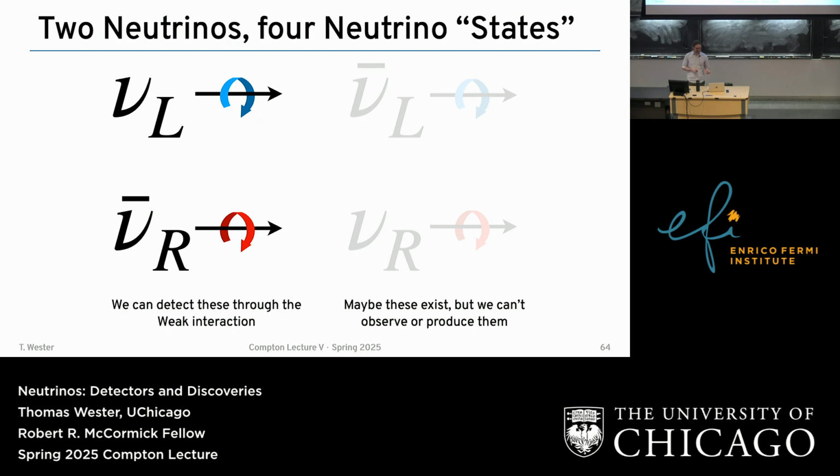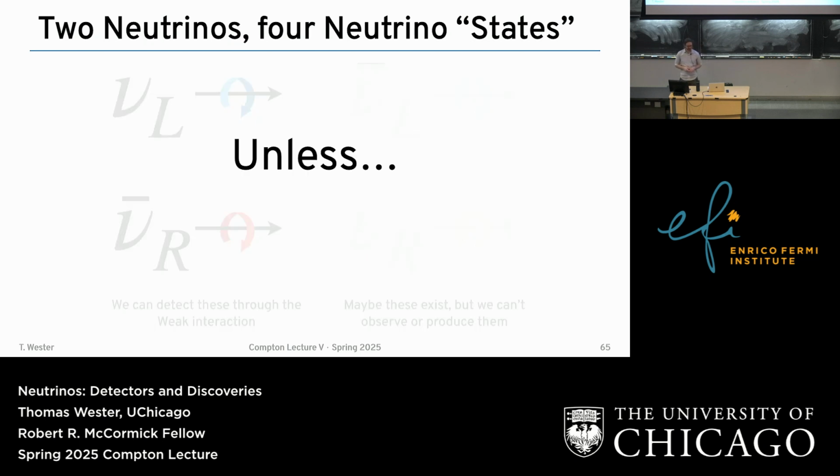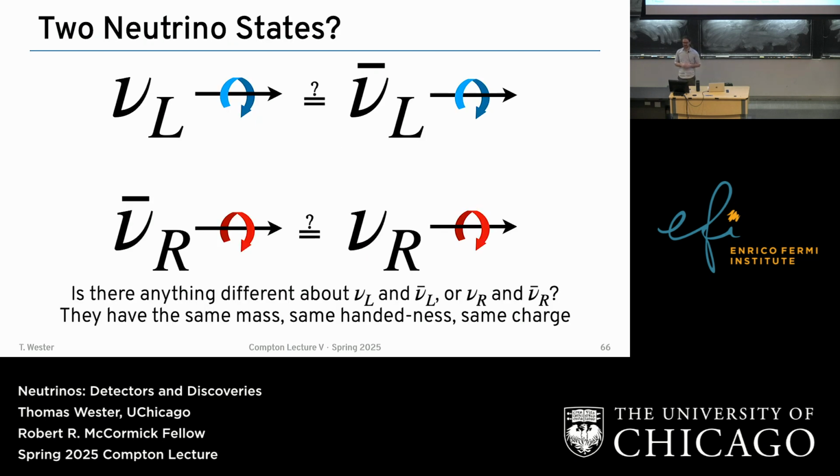But there was one idea: that these things are actually the same. The reason this works is that you can look at the left-handed neutrino and the left-handed antineutrino and ask what their quantum numbers are, what numbers describe them. Both particles have the same handedness, so they're both left-handed.